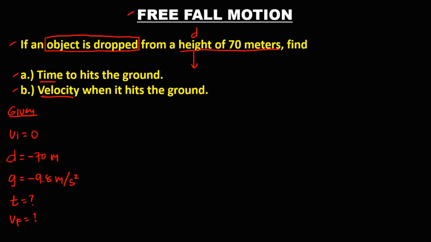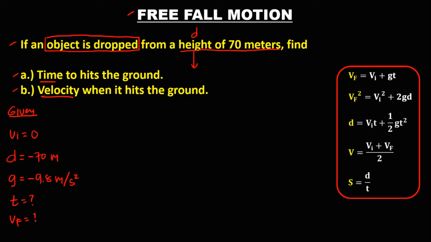To solve this problem using these formulas, for A, to solve for the time, we use this formula because the displacement is given, the initial velocity is given, and the gravity is also given, so we can solve for the time.